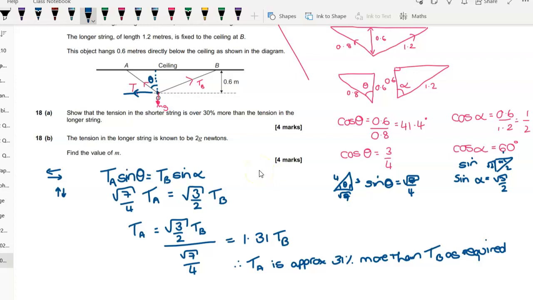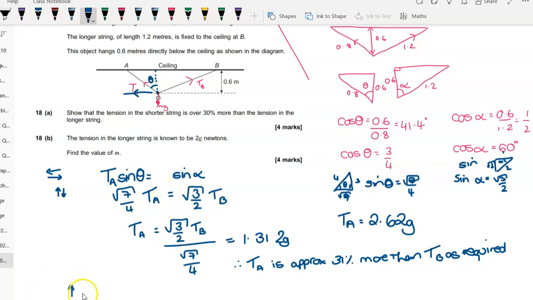Right, okie dokie. So the tension in the longer string, so that's TB, is 2G. Right, so I'm going to replace that with 2G. So TA is equal to 2.62G. Right. Okay, and then the only thing left to do is to resolve vertically.